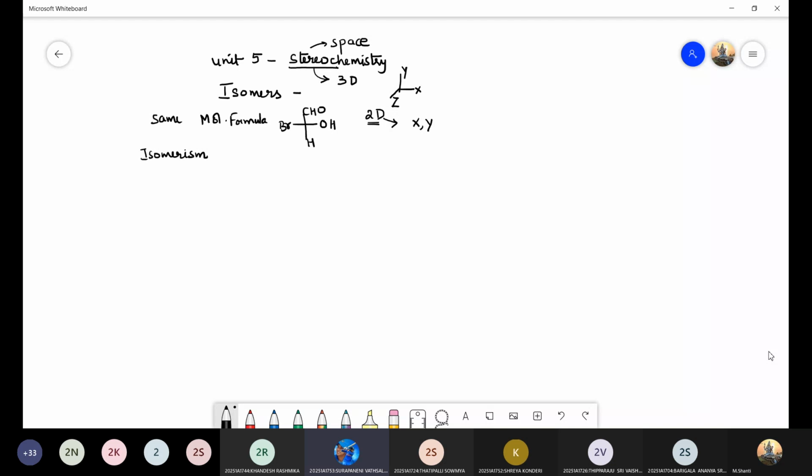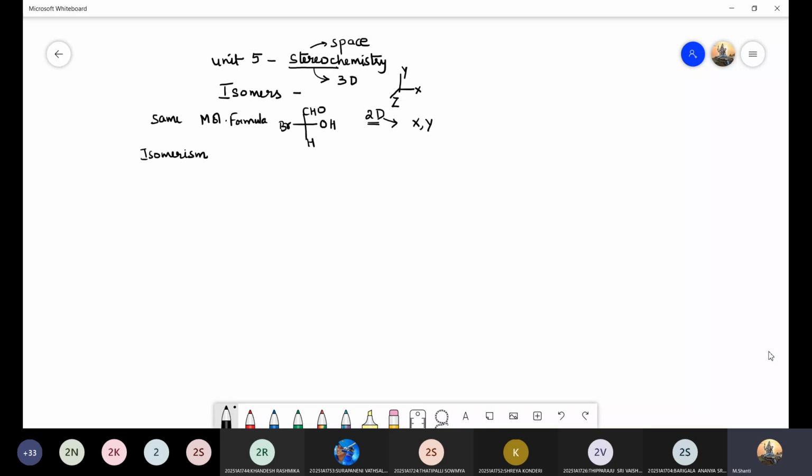The phenomenon of compounds showing the same molecular formula but differing in their physical properties, chemical properties, or both is termed as isomerism.